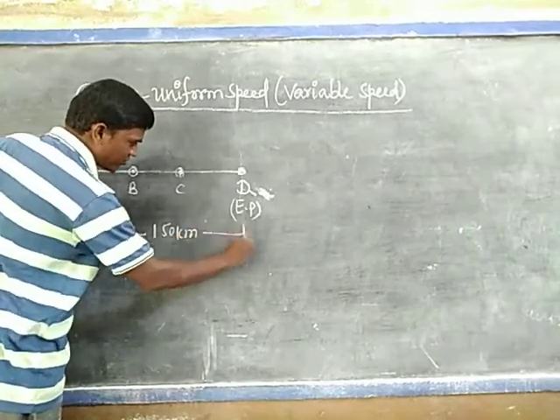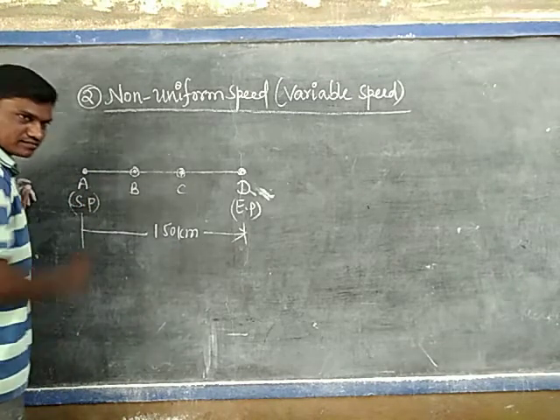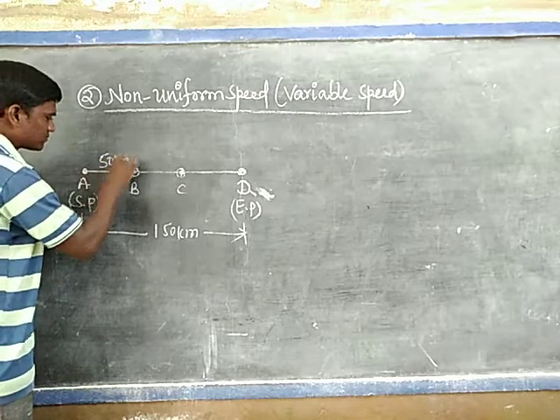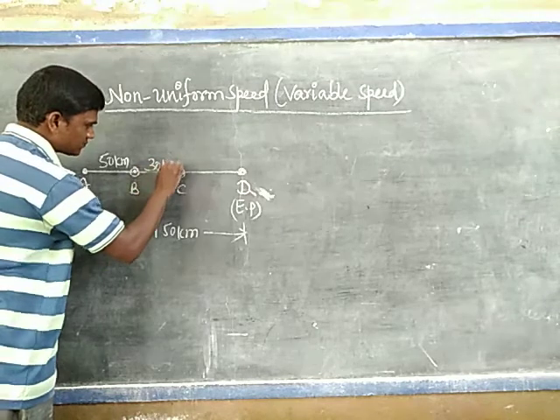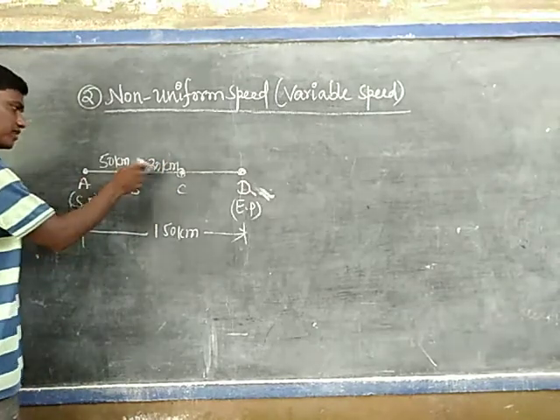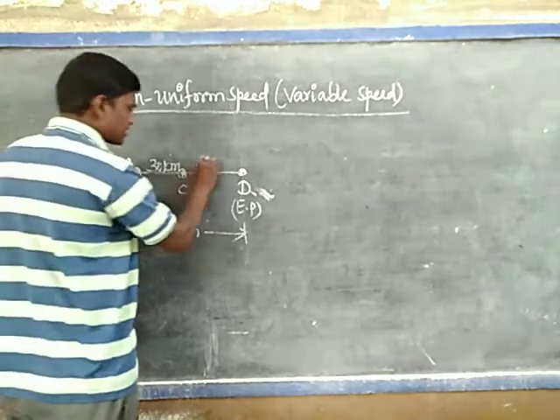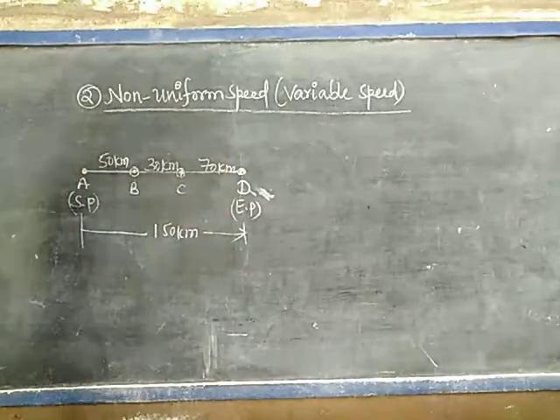For understanding, I will take the same values here. A to B, we consider 50 kilometers. B to C, 30 kilometers. 50 plus 30 is 80. What is the remaining one? That's right, 70 kilometers. Listen very carefully.